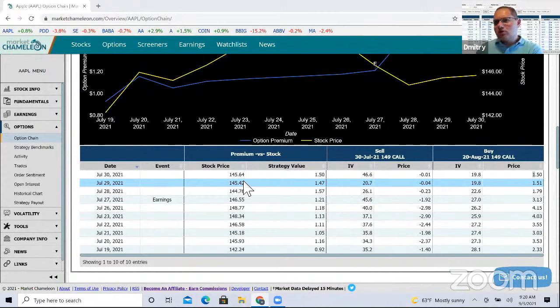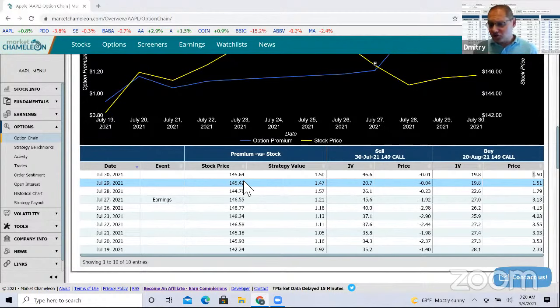So when we're looking at an IV30, which is basically the standard way of looking at implied volatility, we're just trying to get a sense of where the implied volatility level is relative to historical. But then you have to go in there and analyze each option one individual option at a time.